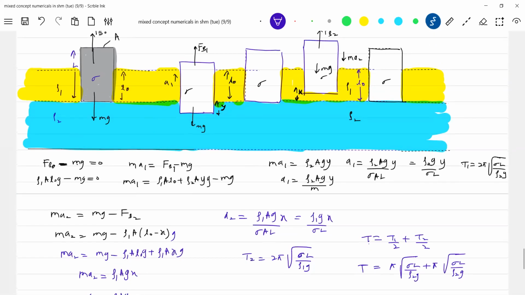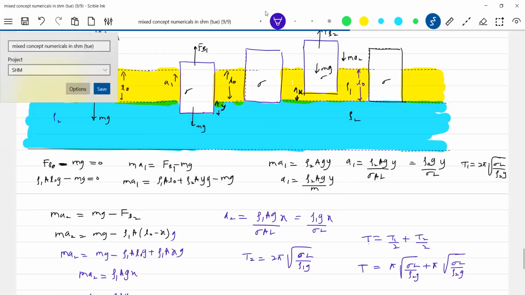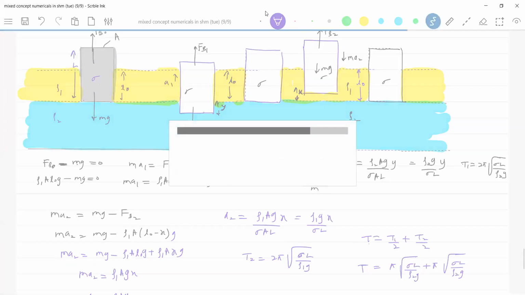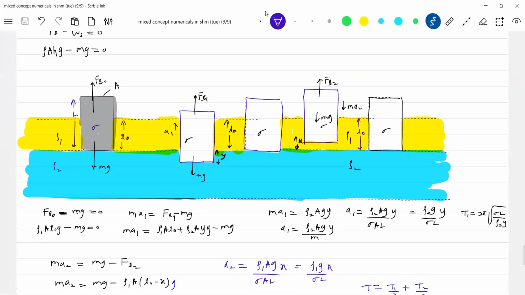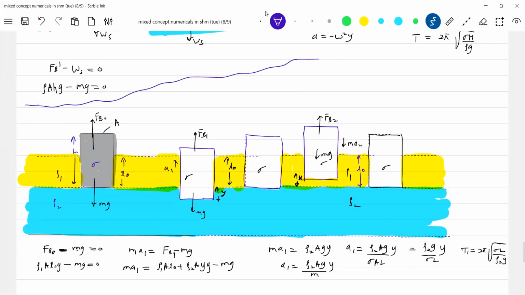Okay, I think the conditions given are very important. The lower end of the cylinder is at the interface of two liquids at equilibrium. This is the basic idea of the problem. I'll write that condition.